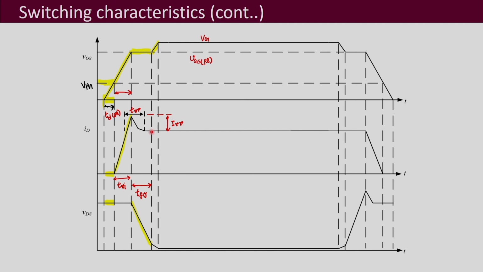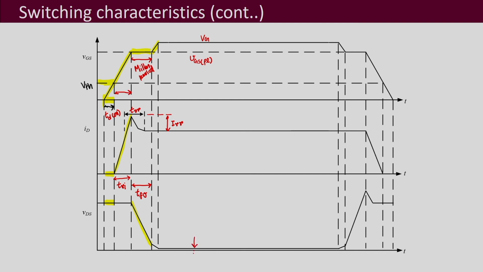Your current has reached the on state current value before that period, and the voltage just finally goes to the on state voltage drop. So, by this time your Miller period is over. This is your Miller period. By this time the Miller period is over, your turn on process is completed.